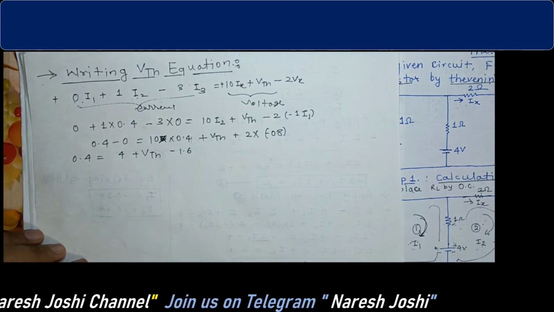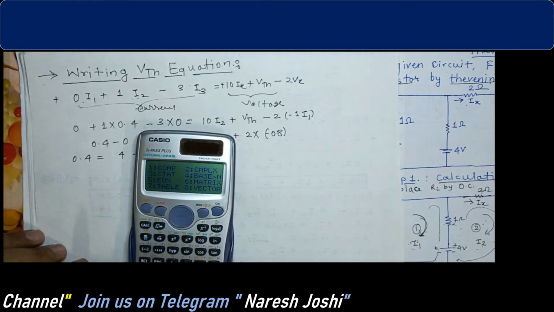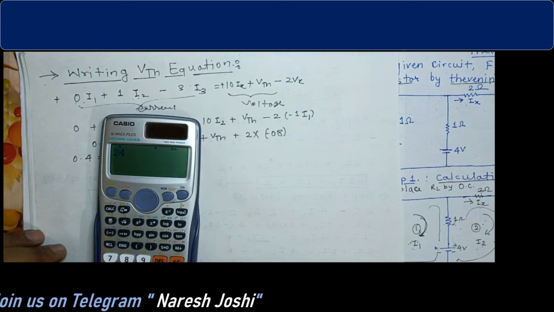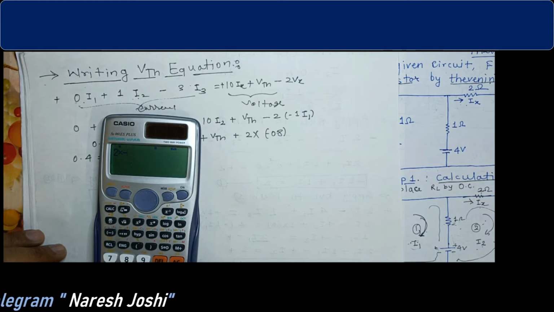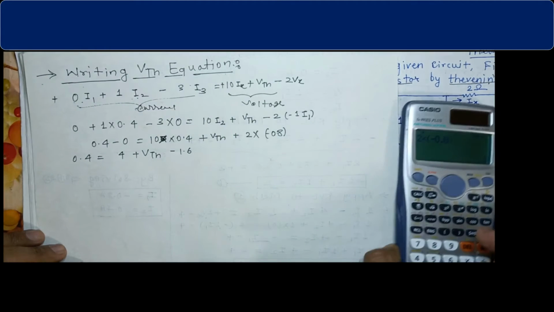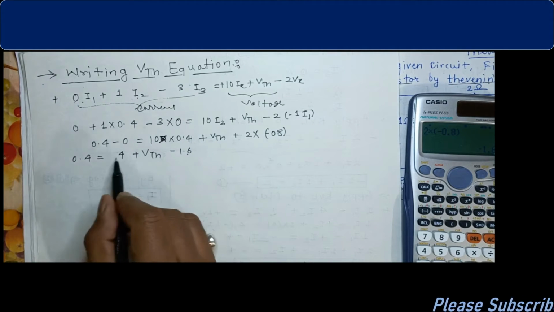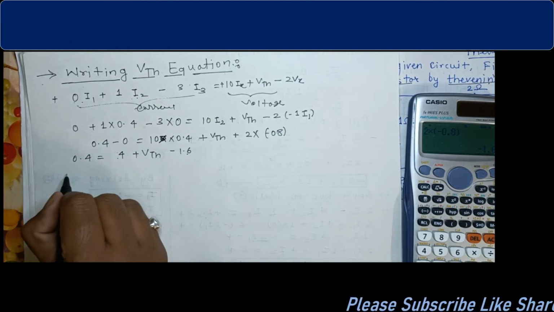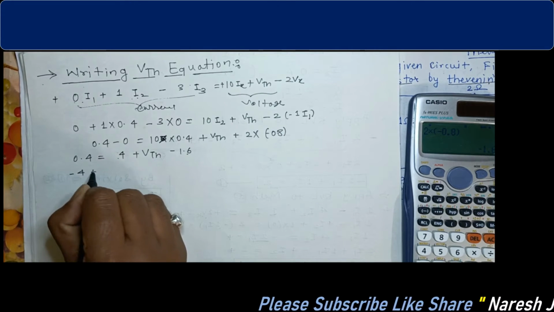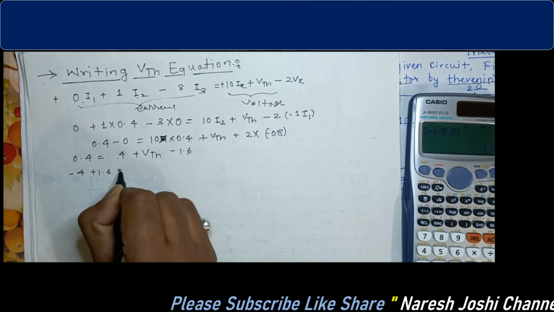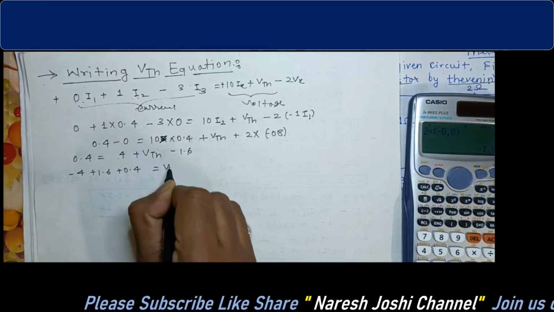Okay, if you have any confusion you can use a calculator. So 2 into minus 0.8 gives 1.6. Now I will shift this 1.6 and 4 to the left hand side, so it becomes minus 4 plus 1.6 and plus 0.4 equals VTH.